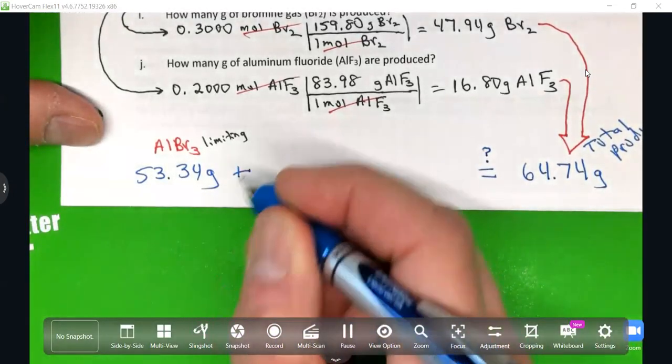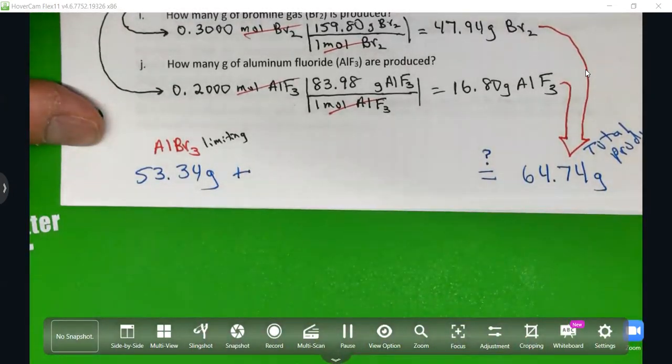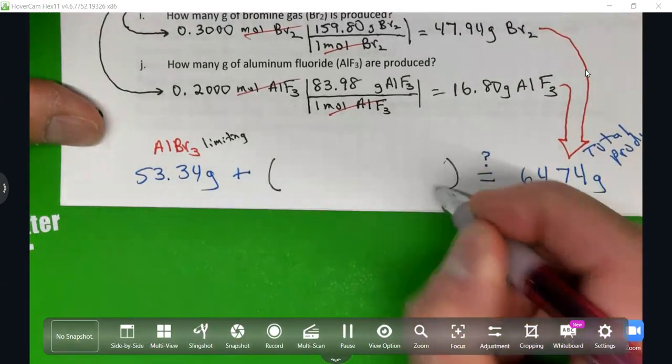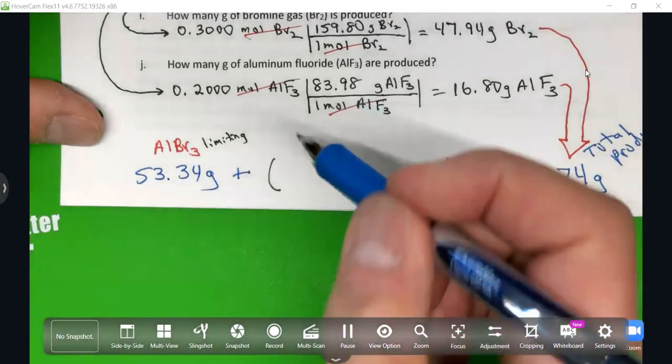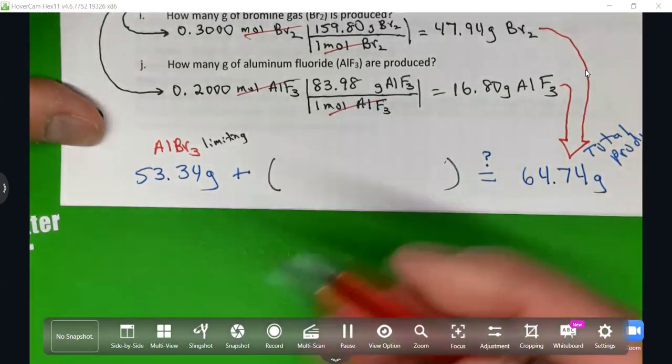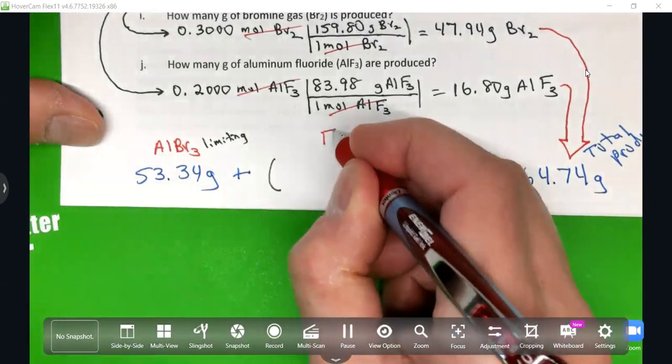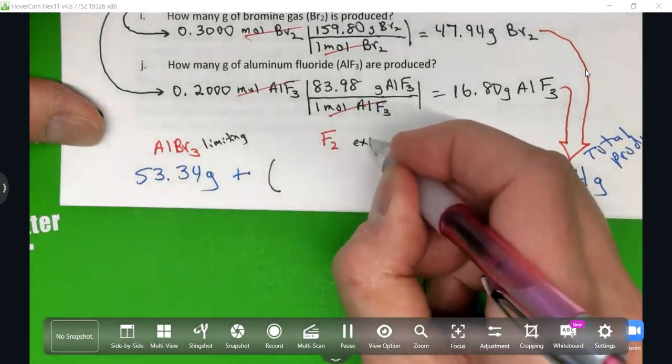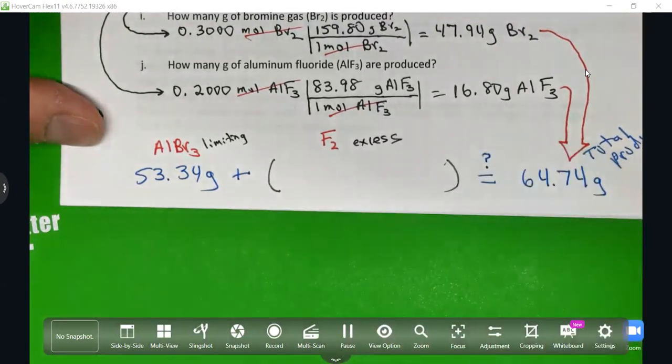Plus, let's do this. Now, the excess is fluorine. How many grams of fluorine did we start with? 19, right?